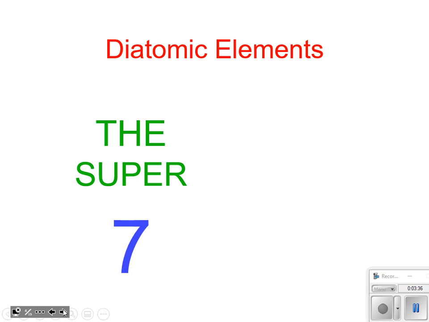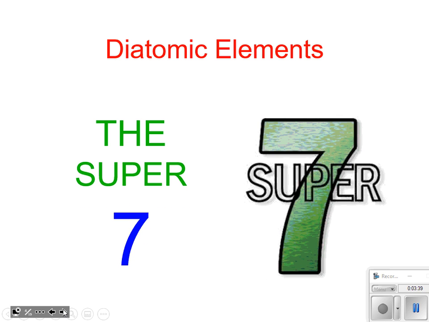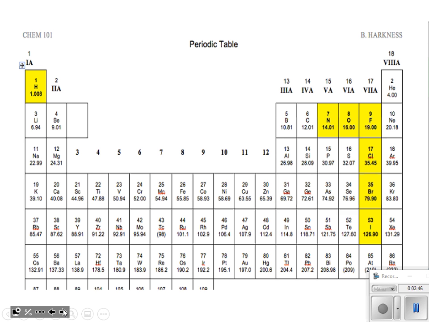The super seven, as I refer to them, and I'm sure many chemistry teachers refer to the super seven, okay? Here is a diagram that I thought was really good because it helps us understand why they are the super seven. A few things. Number one, they start with element number 7 here, nitrogen. On the periodic table, when I highlighted these, you can see that they make a 7 other than hydrogen all the way over here by himself.